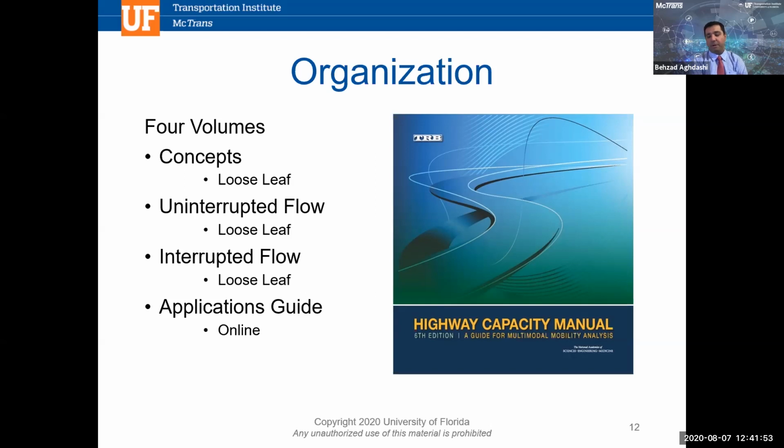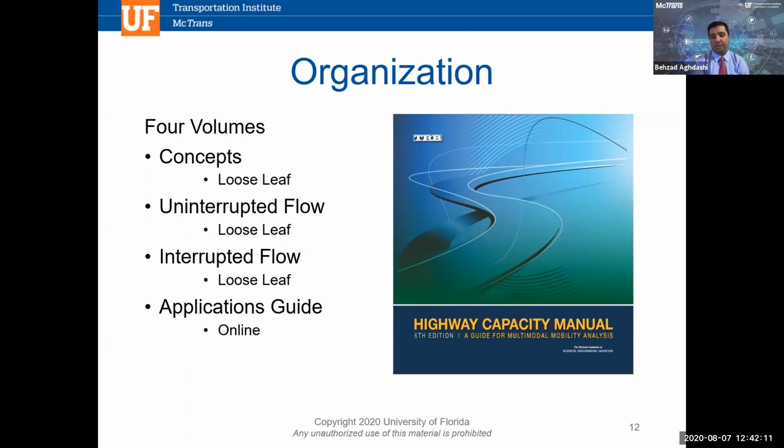They are hard copies. Of course, TRB right now sells PDF, but we can go for a paper copy as well. But the thing is that basically we need to purchase it. It's not free. Then volume 4 is just an online volume.